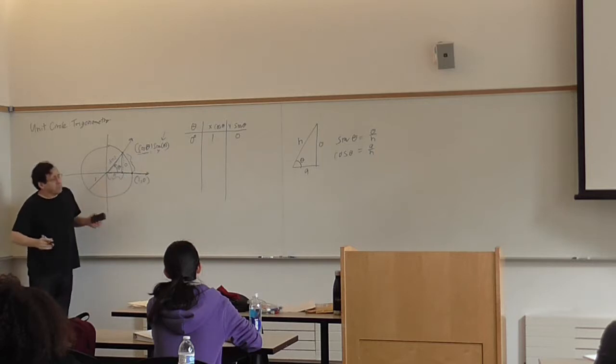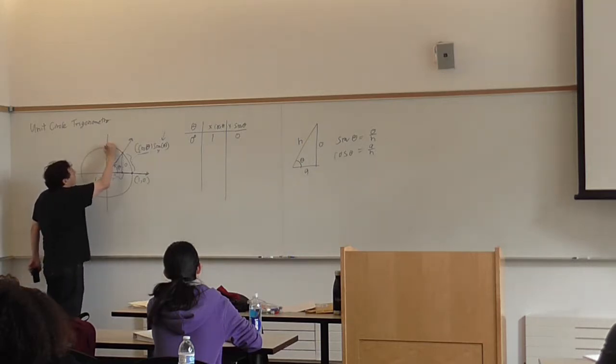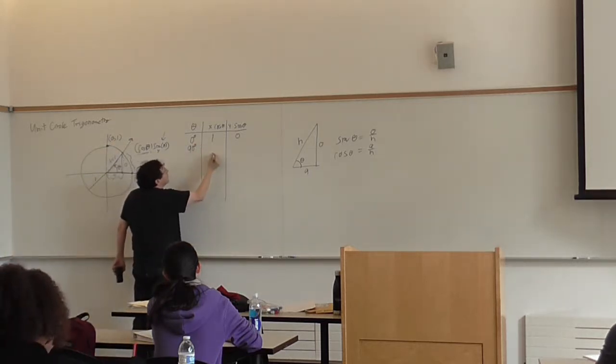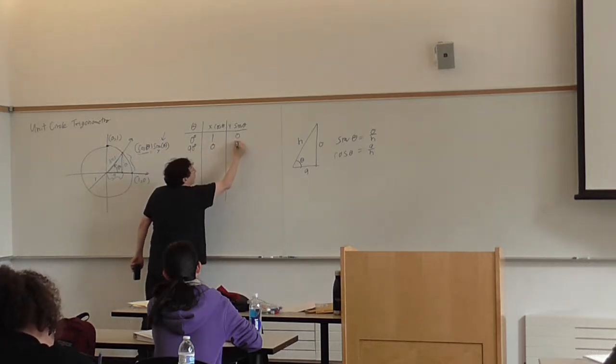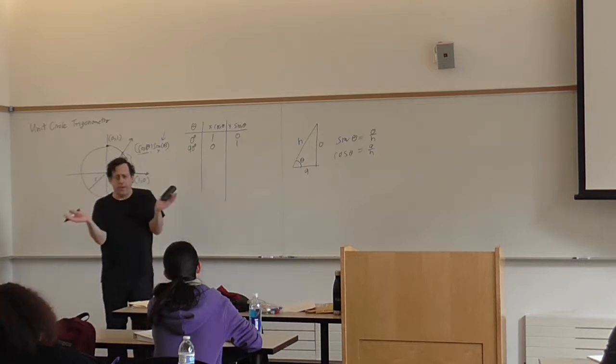So now we know what sine and cosine of 0 degrees is. Similarly, at 90 degrees, we have the opposite situation. The x-coordinate will be 0 and the y-coordinate will be 1. So we're already doing a little better.